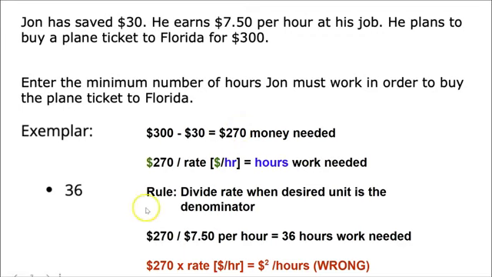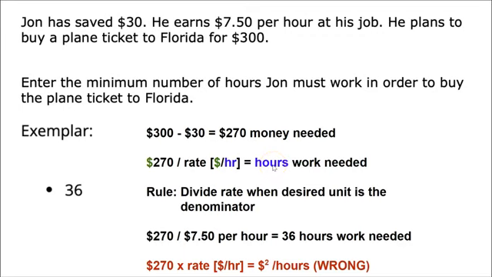And so what you want to do is take that dollar amount that he needs and divide it by the rate, which is $7.50, and that will tell you the hours worked that is needed.